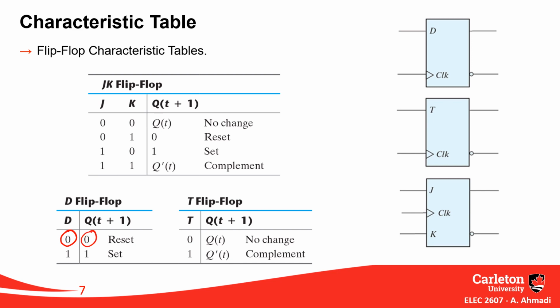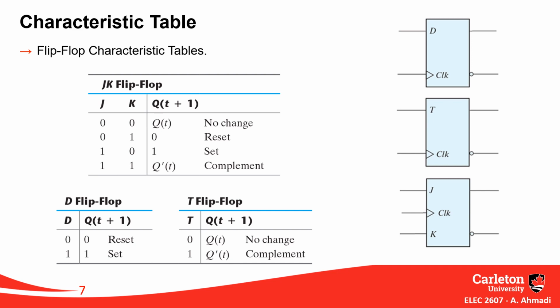Or the next state of the flip-flop will be decided directly by input. If you apply 0, state will be 0. If you apply 1, your state becomes 1. So this is very basic. We've seen that, and I'm going to use that, right?